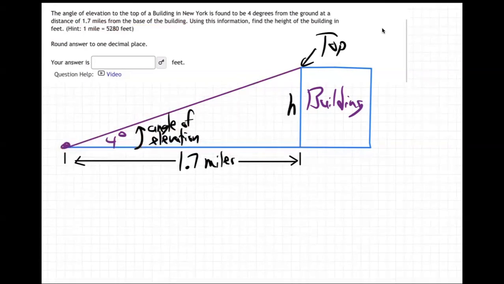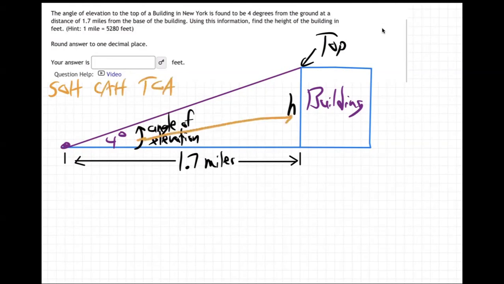So over here, h, that's the height of the building. How can we do that? Well, it's going to be some kind of trig function, isn't it? Let's think about the trig functions. Remember SOHCAHTOA, right? That's in the notes. So if this is our angle here, this side right here is the opposite from the 4-degree angle.